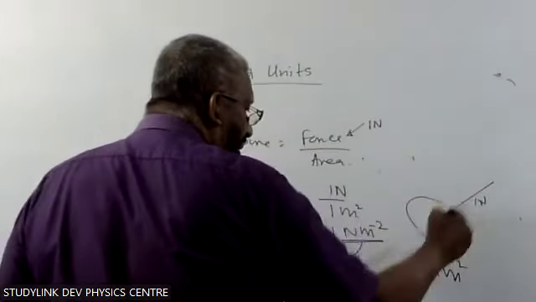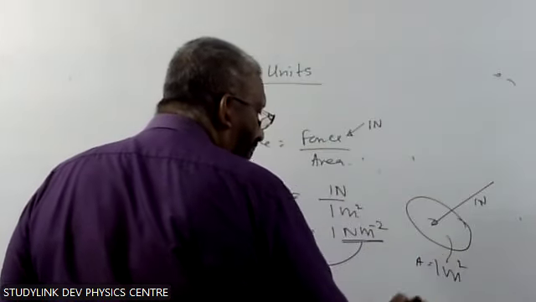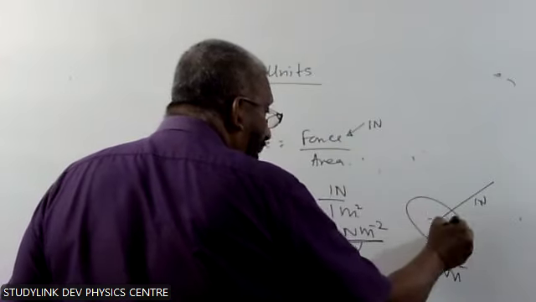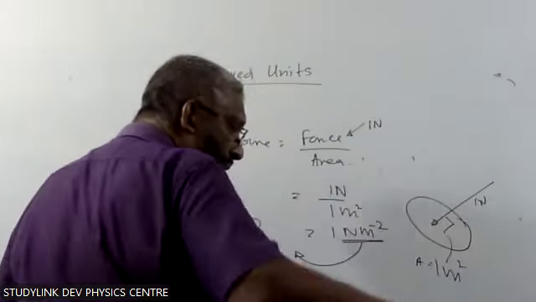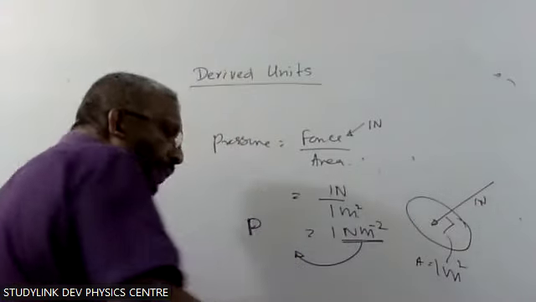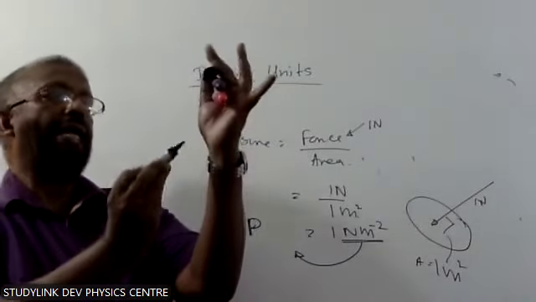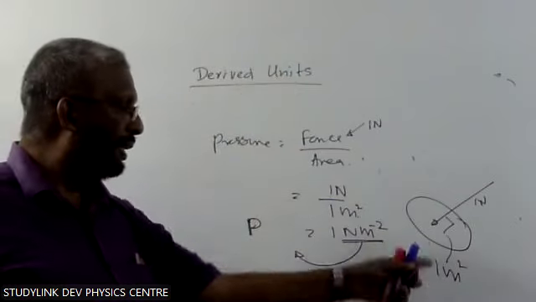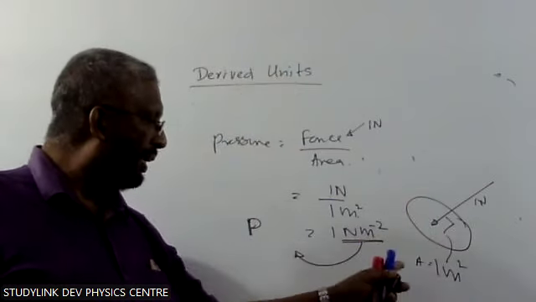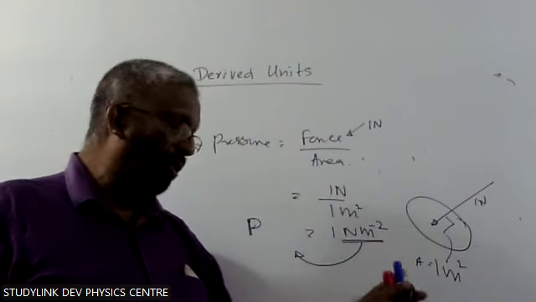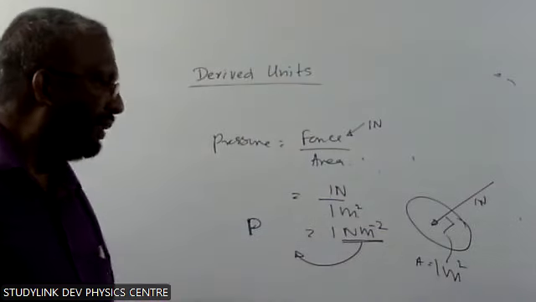This area is 1 square meter. Perpendicularly, that is needed. If the body is there, you should have it perpendicularly, not making any angles like that. Perpendicularly, then the pressure on this is defined as 1 Pascal.